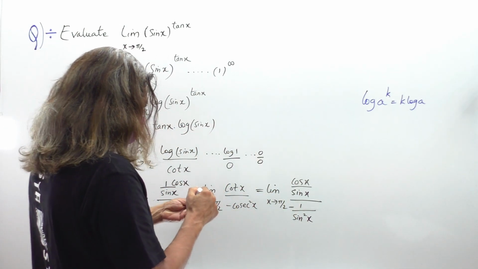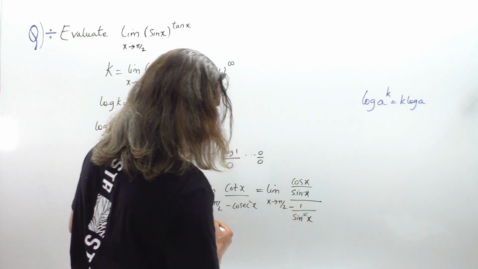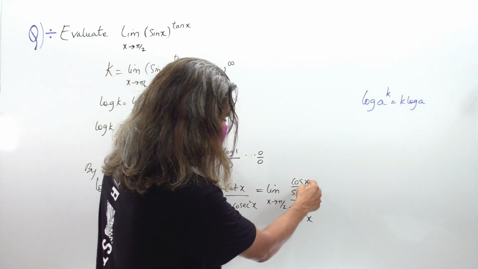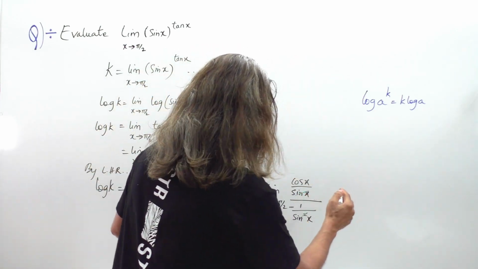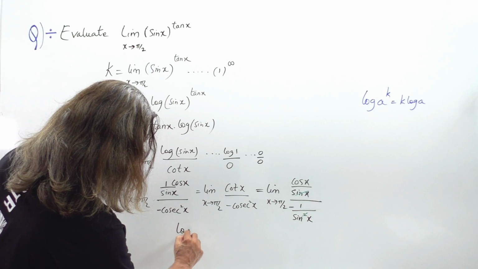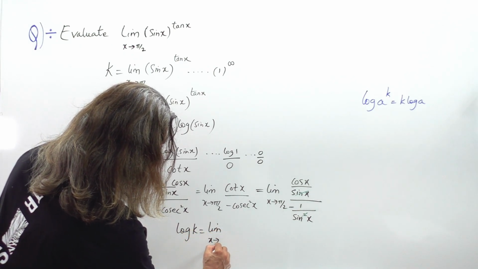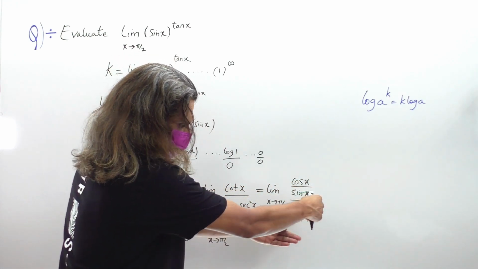Now here, what happens is that 1 sin and 1 sin cancels. So what do I get here? This will be now cos x by 1 by sin. They go up. So we have log of k is equal to limit as x tending to pi by 2, cos upon sin, so they cut.